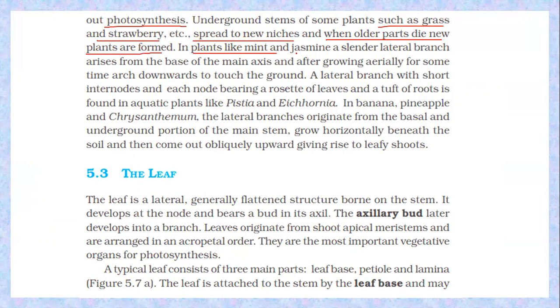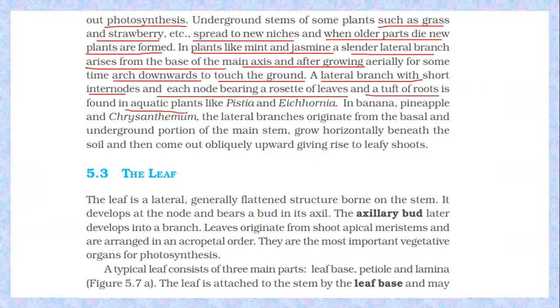In plants like mint and jasmine, a slender lateral branch arises from the base of the main axis. After growing aerially for some time, they arch downward to touch the ground. A lateral branch with short internodes and each node bearing a rosette of leaves and a tuft of roots is found in aquatic plants like Pistia and Eichhornia. You will call them the offset, which is again a reproductive structure.